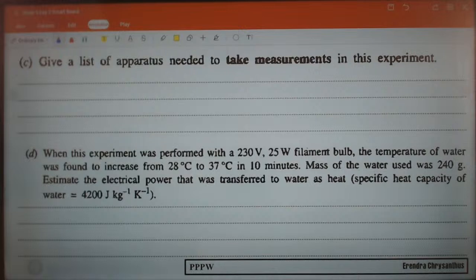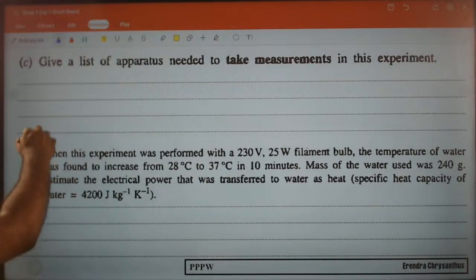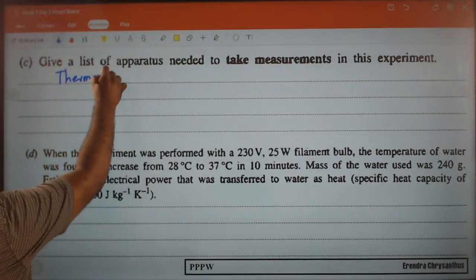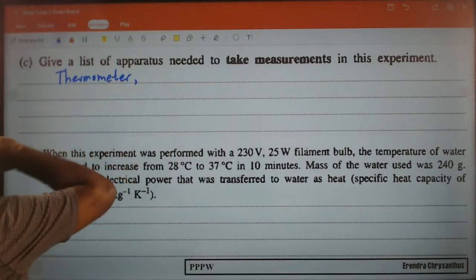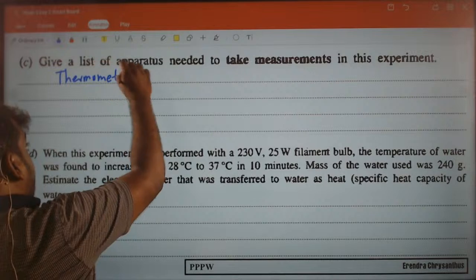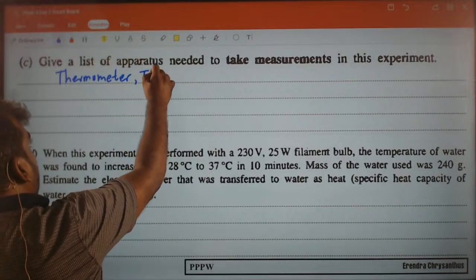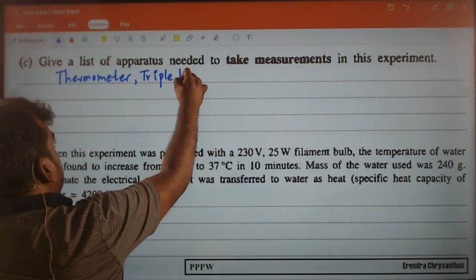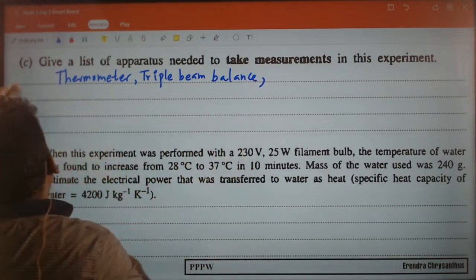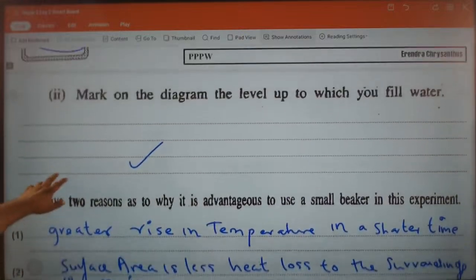Give a list of apparatus needed to take measurements in this. So what's the list you need? You need a thermometer, a scale, preferably triple beam balance, and what else?